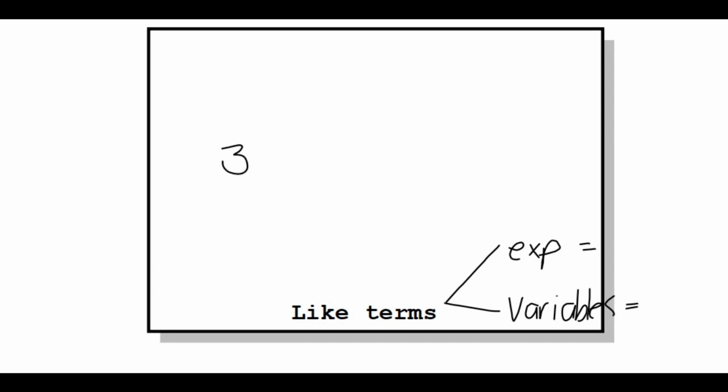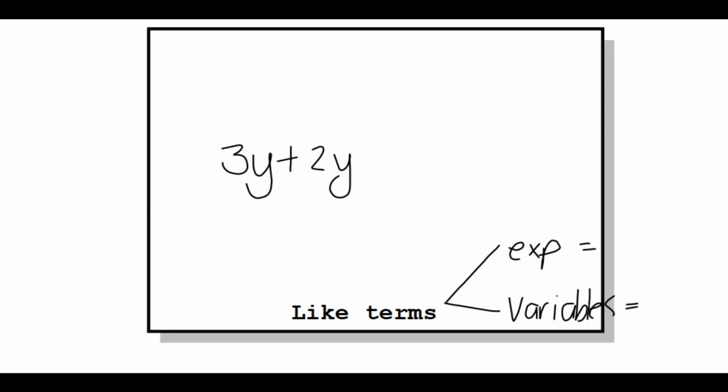Now, when we want to add or subtract, we need like terms. Let's see what is a like term. A like term will have the same exponents and the same variables. That has to be the same for like terms. So if I have 3y plus 2y, I can add them. It'll be 5y. Those are like terms.